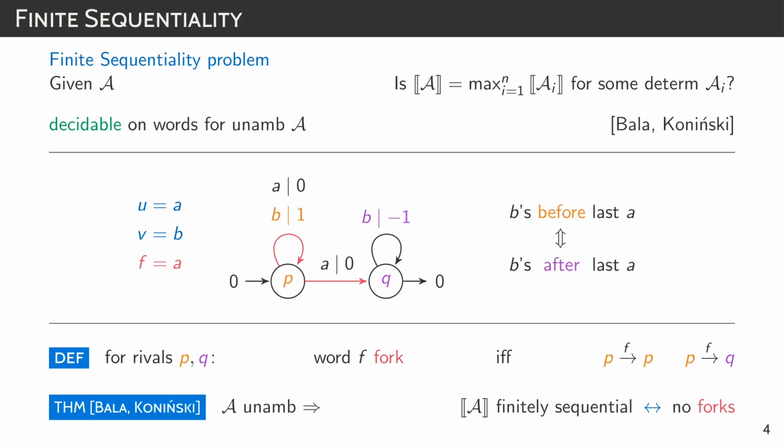So therefore, we have to treat the B's before the last A differently from the B's after the last A. Now, one deterministic automaton clearly cannot correctly guess the last A in a word, and therefore cannot simulate the behavior of this automaton. But since we may have arbitrarily many A's in a word, even finitely many deterministic automata are not powerful enough to model this behavior.